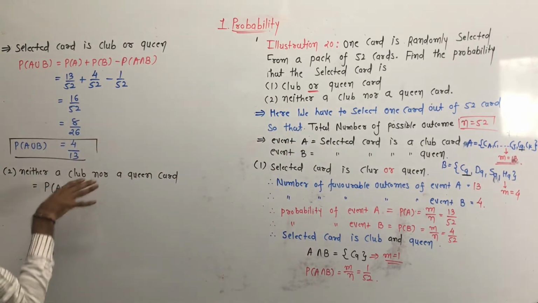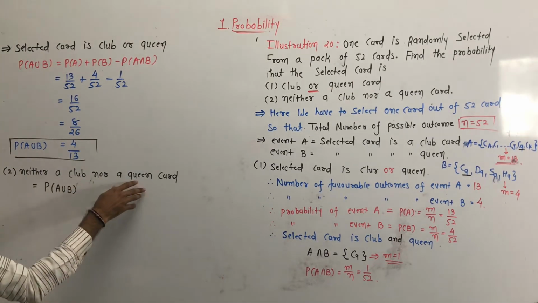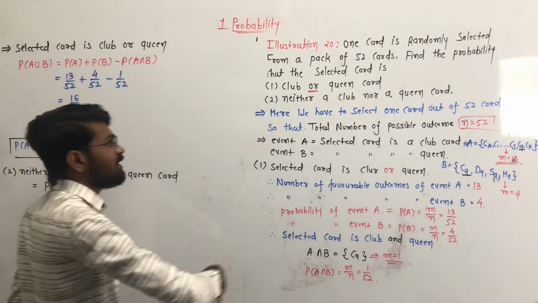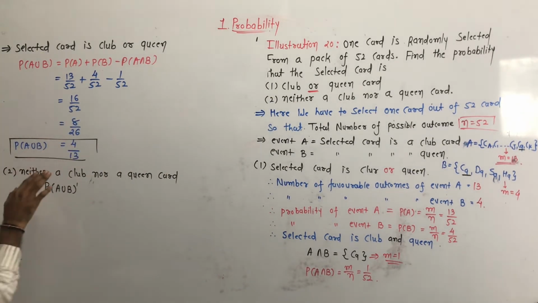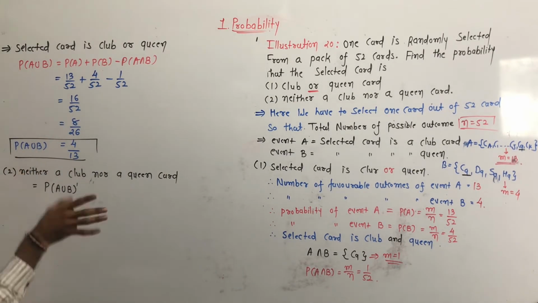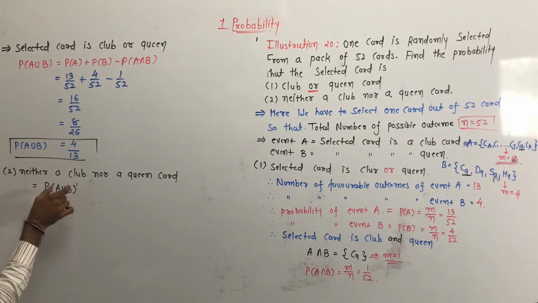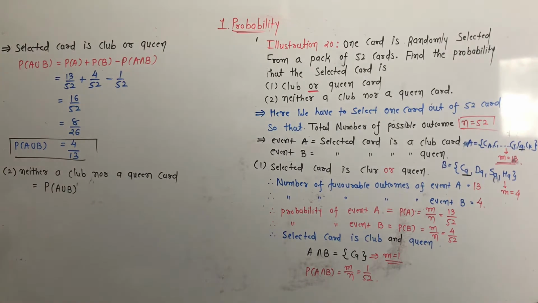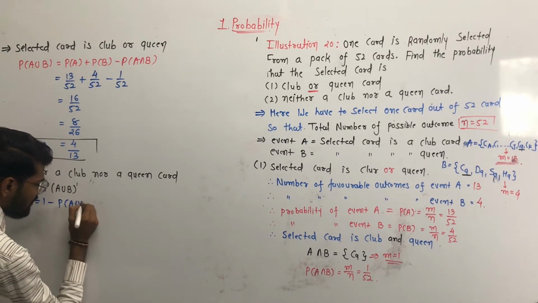But now we have to select a card which is neither a club nor a queen card. So this event is the complement of event 1, and we have to find the probability of the complement of the union of events A and B, which is equal to 1 minus P of the union of events A and B.